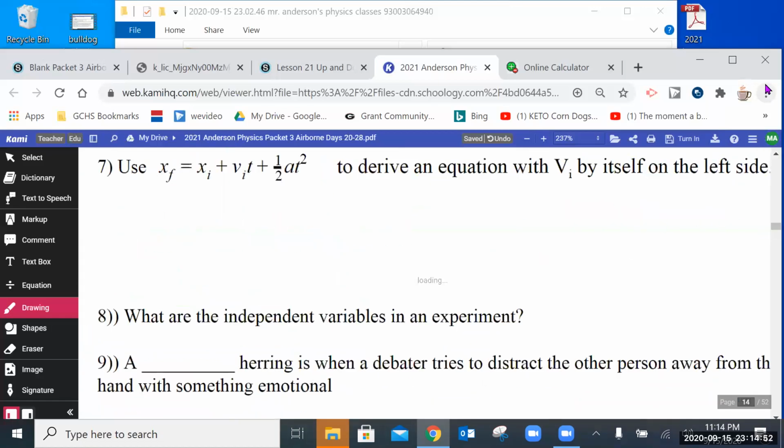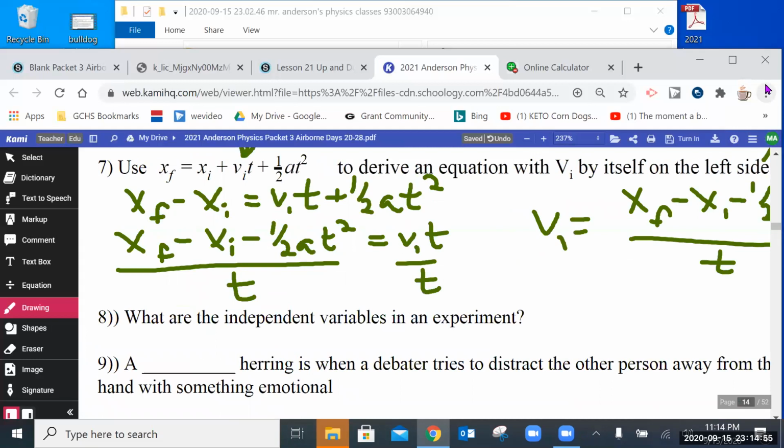Number 8. What are the independent variables of an experiment? These are the qualities the researcher chooses.